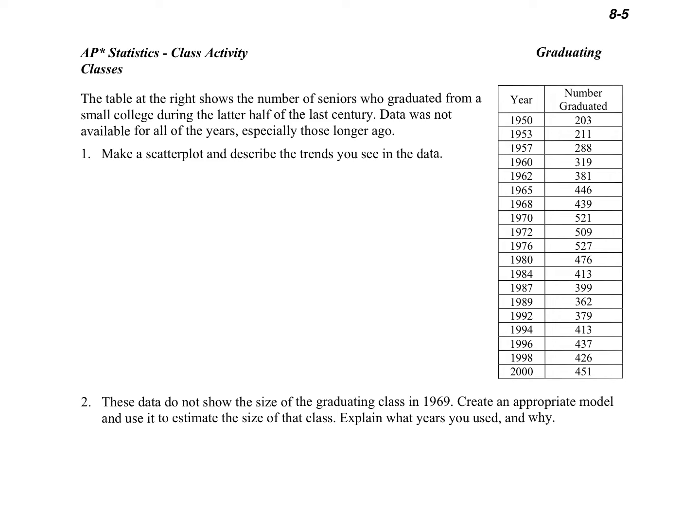So we're putting this data into a new list. You're going to need to clear out all of your lists in your calculator because we're going to use all 6 lists today. Okay? So I need you to put this into list 1 and list 2.